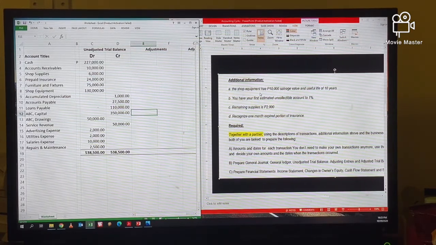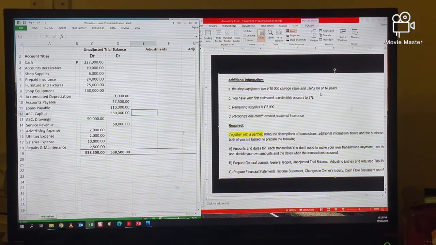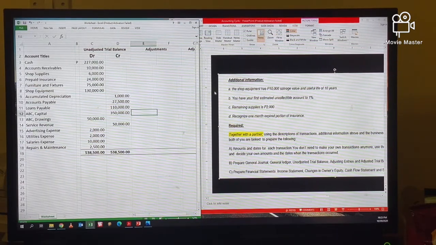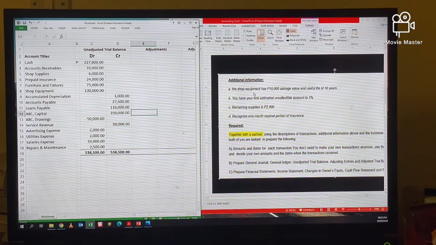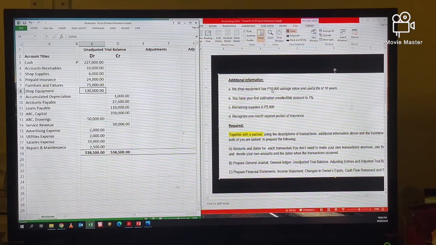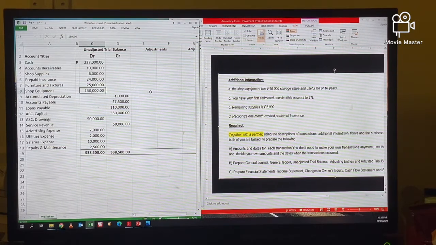The shop equipment has 10,000 salvage value and useful life of 10 years. Okay. So, ibig sabihin, gagawa natin ng depreciation expense or magkakalculate tayo ng depreciation expense for our shop equipment. Okay. So, since the salvage value is 10,000, ang ating depreciable cost would be 130,000 minus 10,000, it's 120,000.